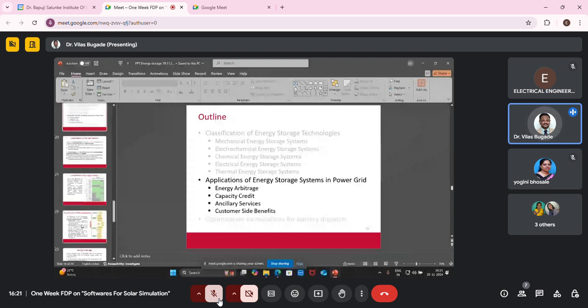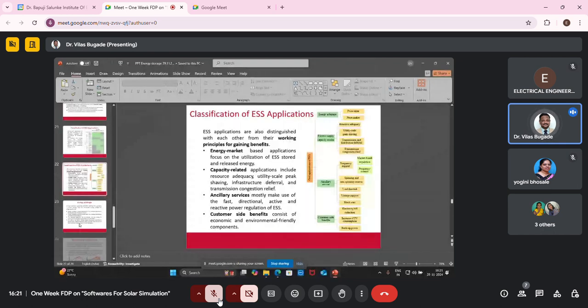Most of these things I have covered in the energy storage system.